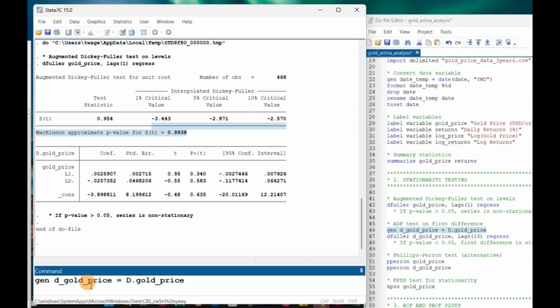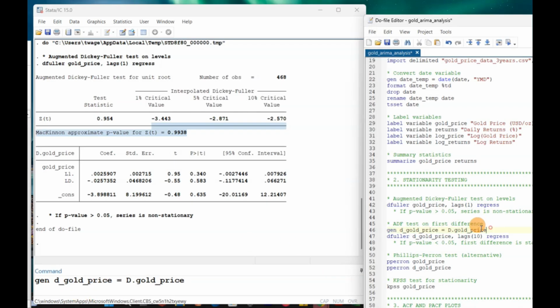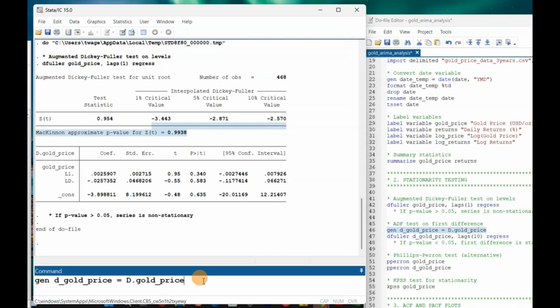So please generate, but the code is here. You can copy and just paste it in your command. Can you just click enter?